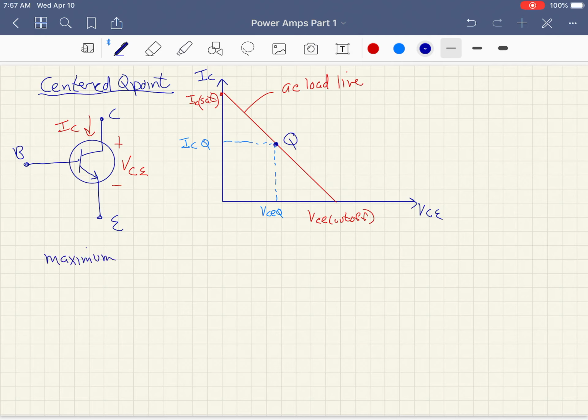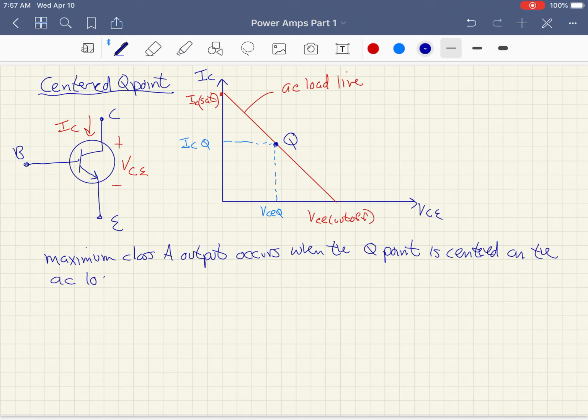Okay, so for a Class A output, let's write it down first. We can say maximum Class A output occurs when the Q point is centered on the AC load line.